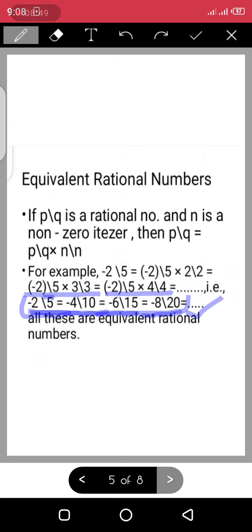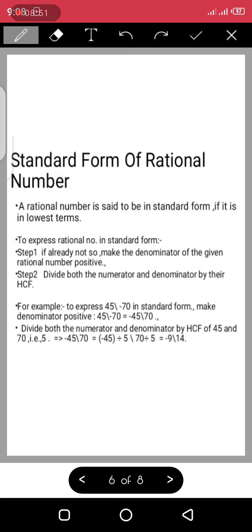Okay, now next we have the standard form of a rational number. So what is the standard form of a rational number? A rational number is said to be in standard form if it is in lowest terms. It means that we cannot reduce it any further. For example, we have minus 1 by 2.